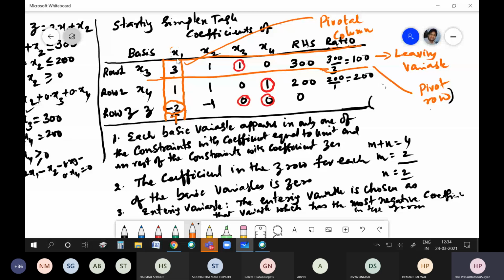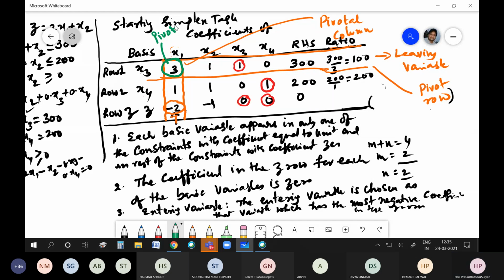The intersection of these is called the pivot. Is it clear?